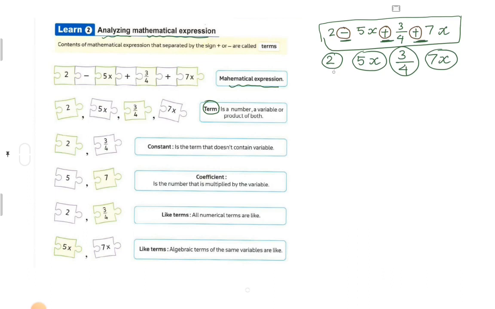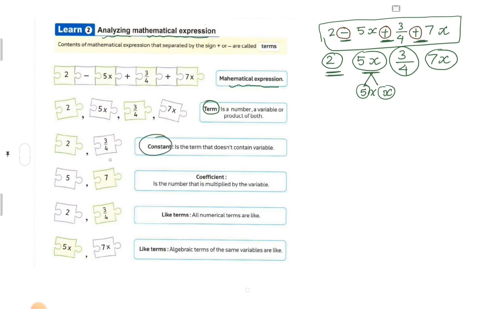We know that 2 is just a number. 3 over 4 is another number as a fraction, but 5x is a product of 5 times x. So the term may be just a number or a product of a number and a variable. And in between each term we find a negative or a positive sign.